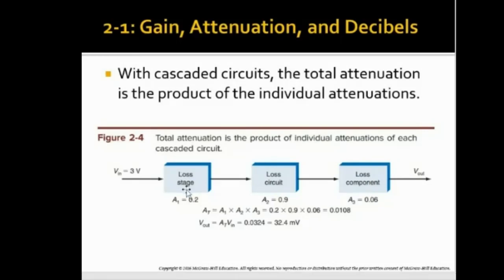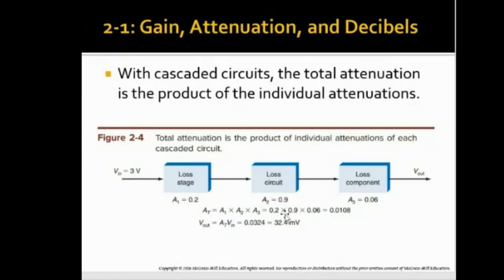So the loss of the first stage is a magnitude of 0.2. Another loss for a circuit is 0.9, and the third loss for a component maybe is 0.06. If we have an input voltage of 3 volts, what is our output voltage? So the 3 losses can be multiplied together.